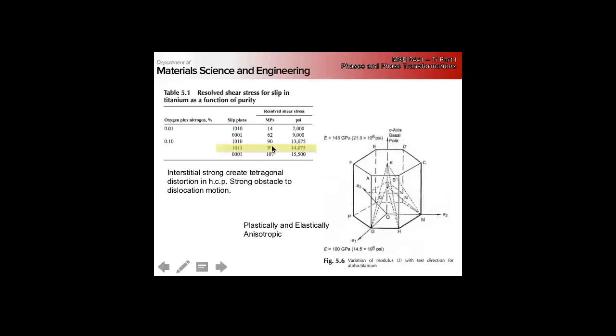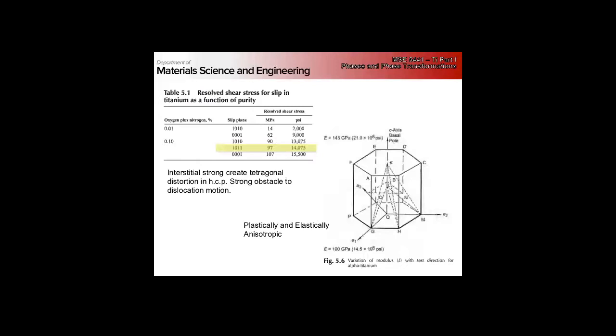But if we add in interstitial oxygen, our interstitial oxygens are going to create tetrahedral distortions in HCP just as they do in BCC. And that's going to give us a strong obstacle to dislocation motion. So going from 1% oxygen to 10% oxygen, on our easy prismatic we go from 14 MPa to 90, and we go from 62 to 107 on the basal plane.